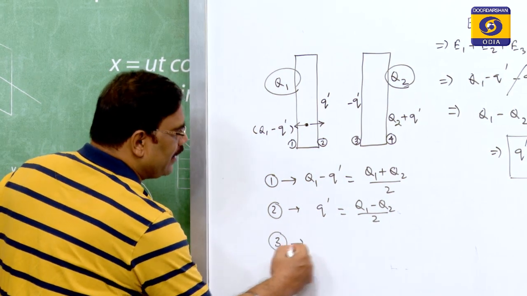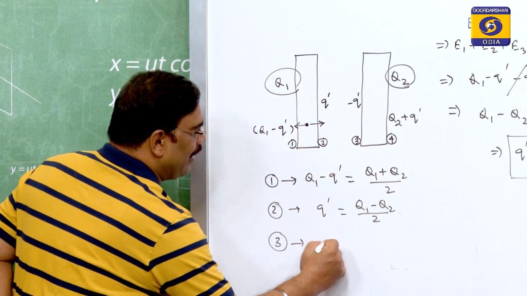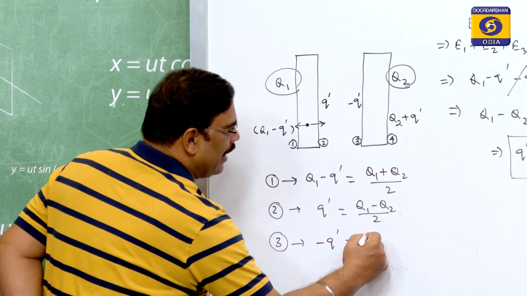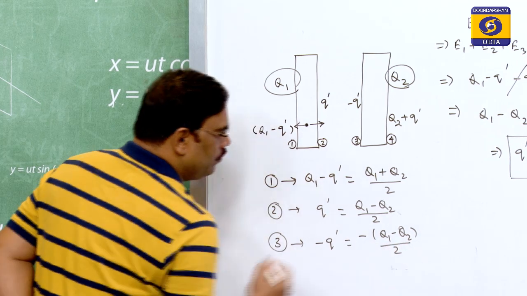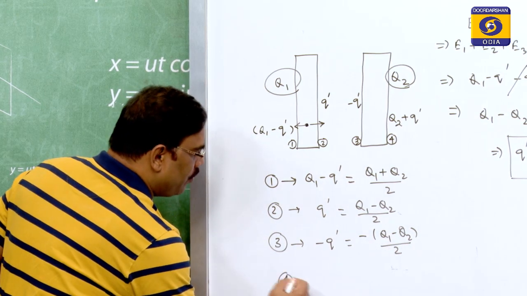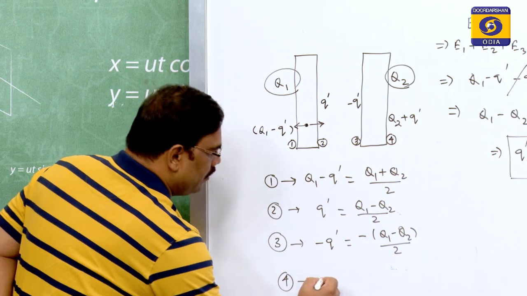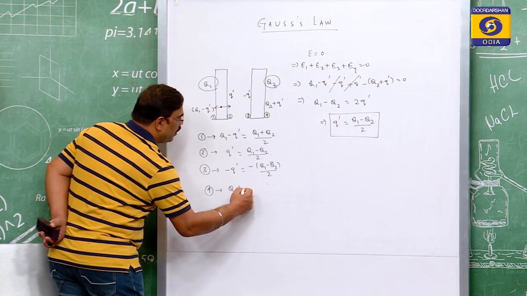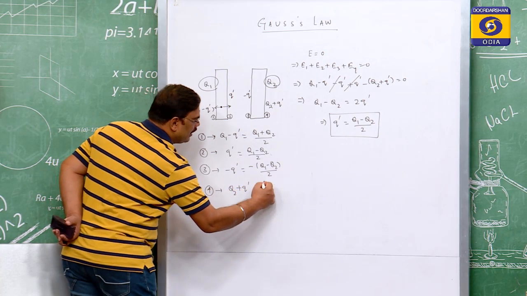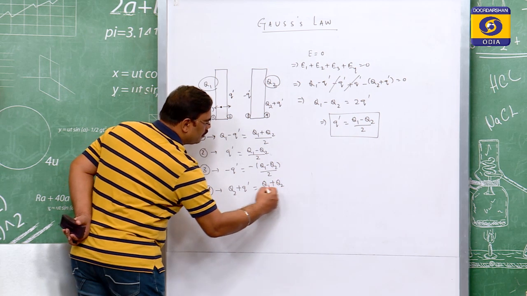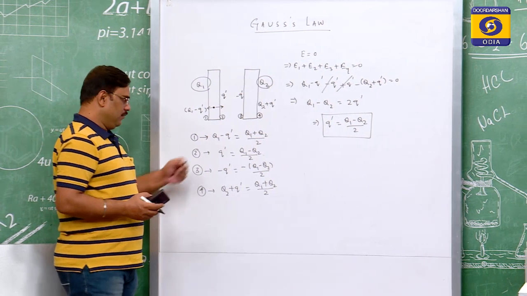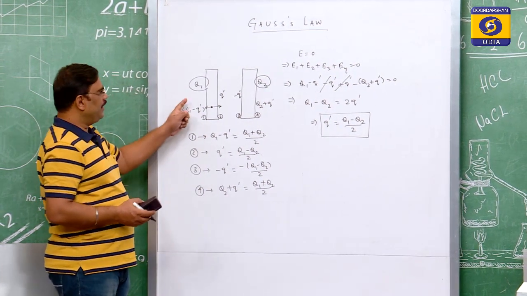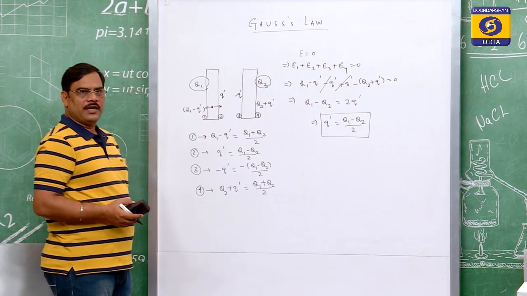The charge on the third face is minus q dash, which is minus of q1 minus q2 divided by 2, and the charge on the fourth face is q2 plus q dash, which is again q1 plus q2 divided by 2. So, these are the charges that will develop on each face of these two plates.